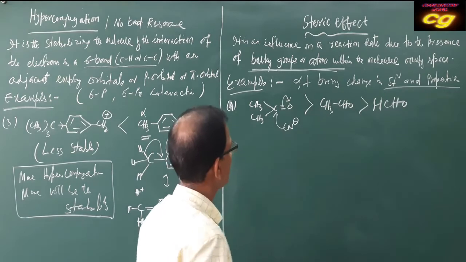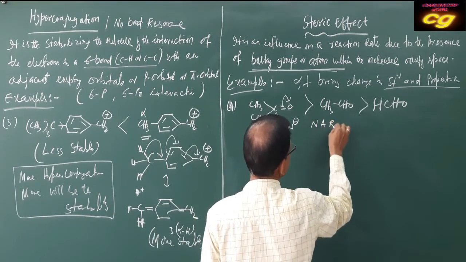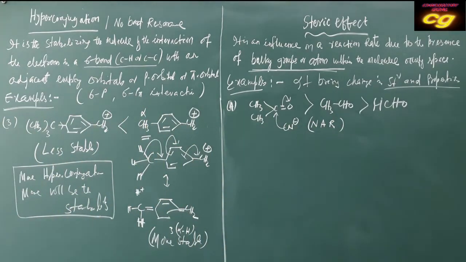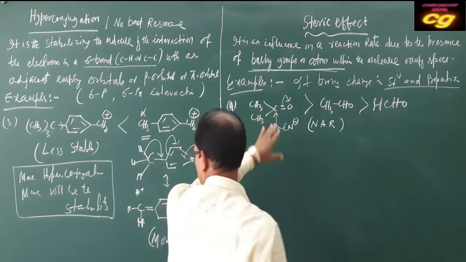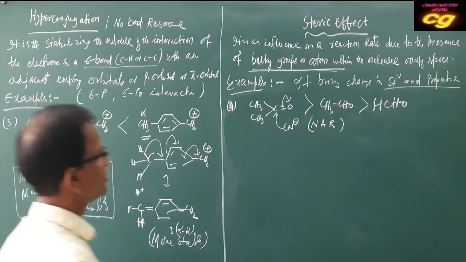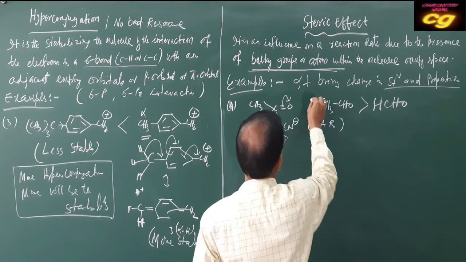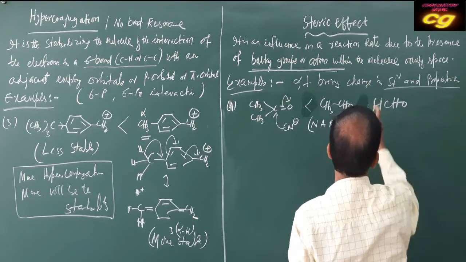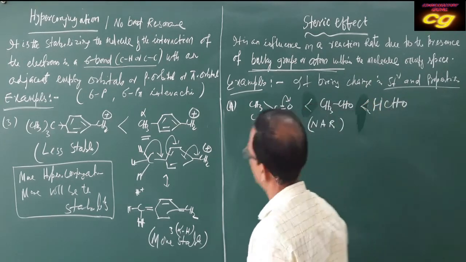If you do this, it is called a nucleophilic addition reaction. Already we have discussed. Ketone is less reactive. Reactivity is just opposite. Ketone is less reactive than aldehyde. Aldehyde is less reactive than formaldehyde.